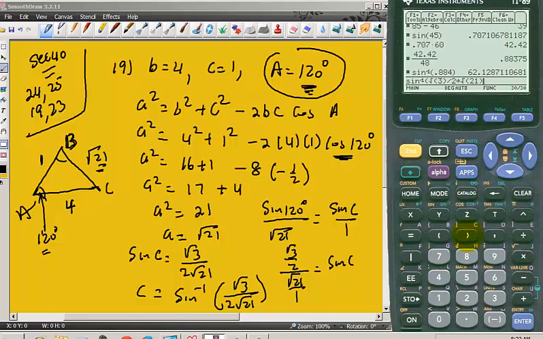Close my parentheses. Now, one of the nice things about the TI-89 is if I punched in incorrectly, it will show me what I'm typing in. Other calculators will not show you. You'll just get an answer, and it might be right, it might not be right.